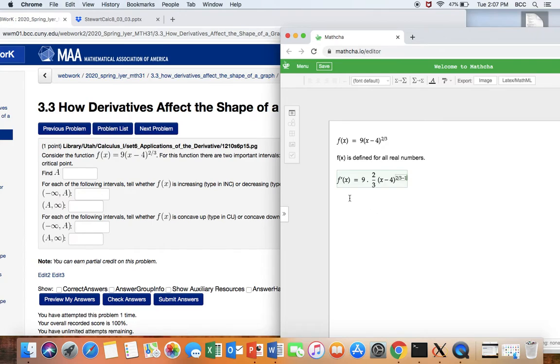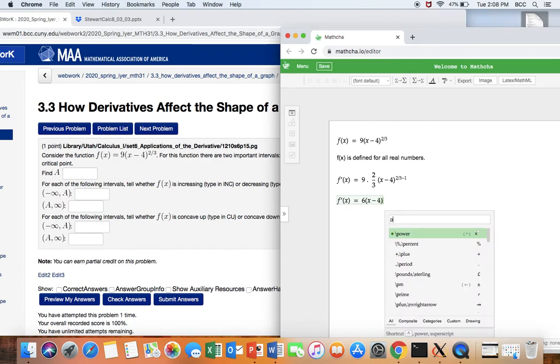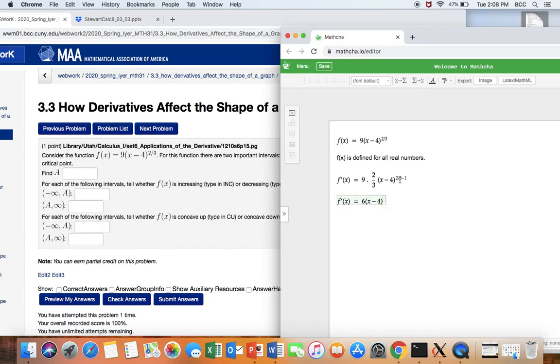So f prime of x equals, look, the 3 reduces the 9, 3 goes into 9 3 times. 3 times 2 is 6. And here you get (9x minus 4) to the power, what is 2/3 minus 1? 2/3 minus 3/3 is negative 1/3.